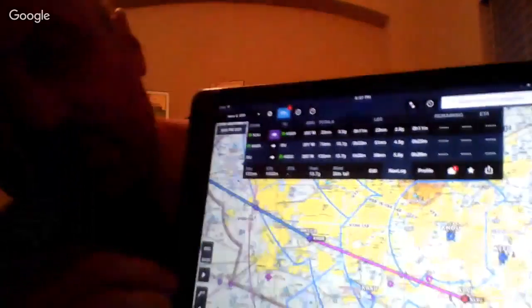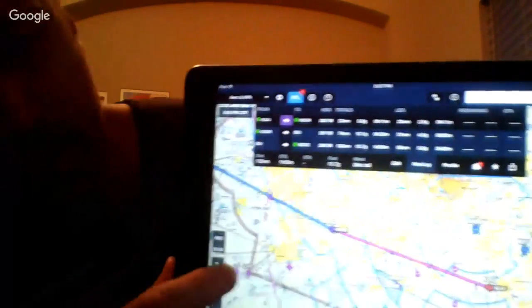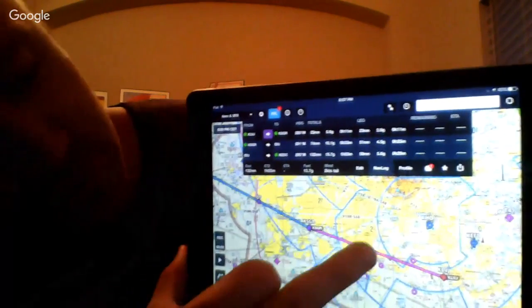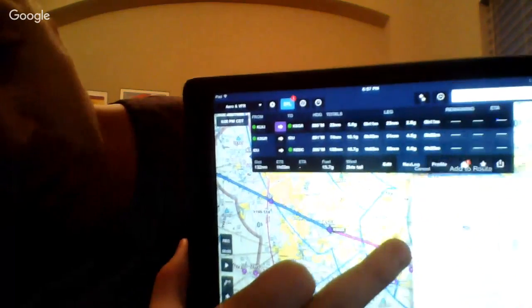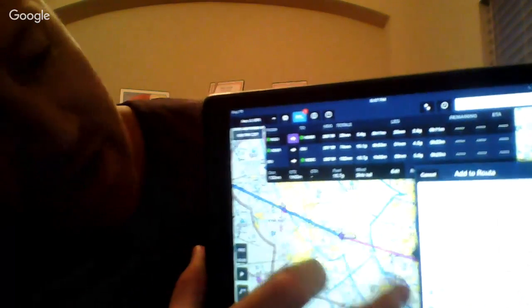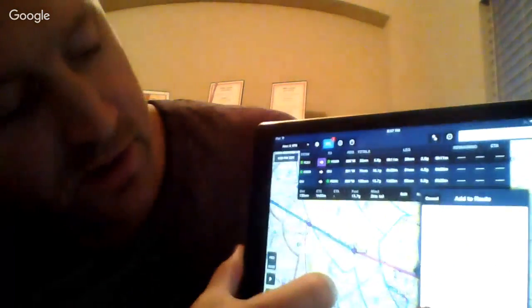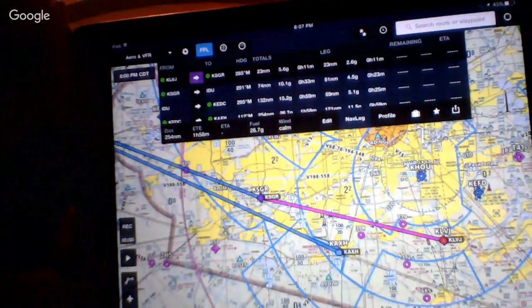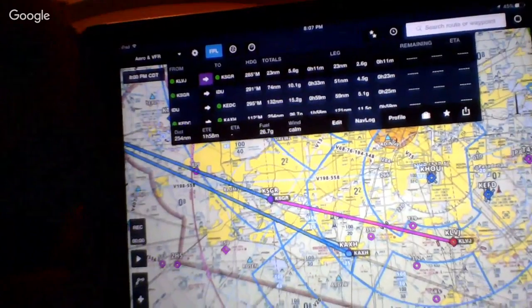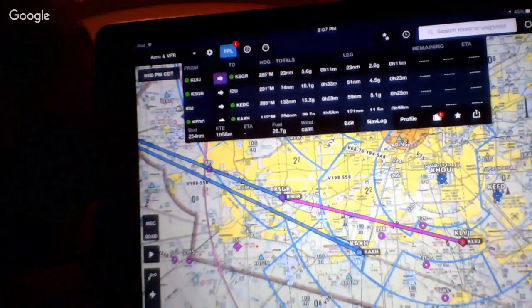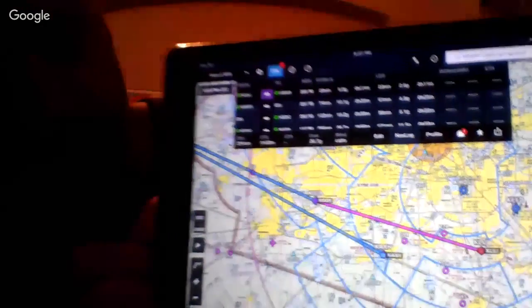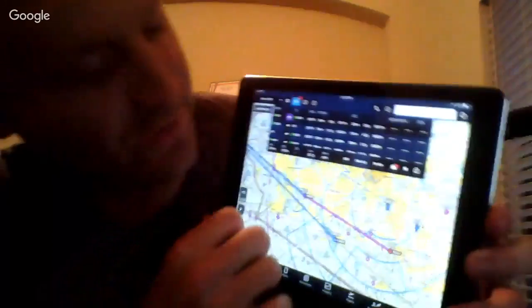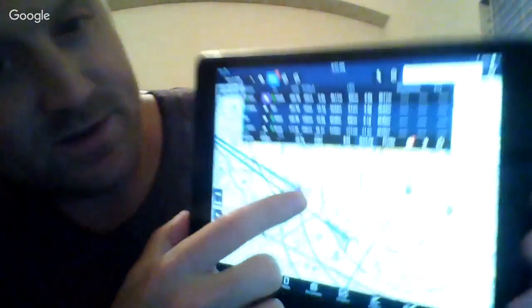Let me see if I can do it live here. Let's say I want to pick another waypoint in between the two. I just hold the line, and it's going to ask me what I want to pick. And I want to pick Houston South Airport. Oh, cool. I think it did it wrong, but I get what you're saying.